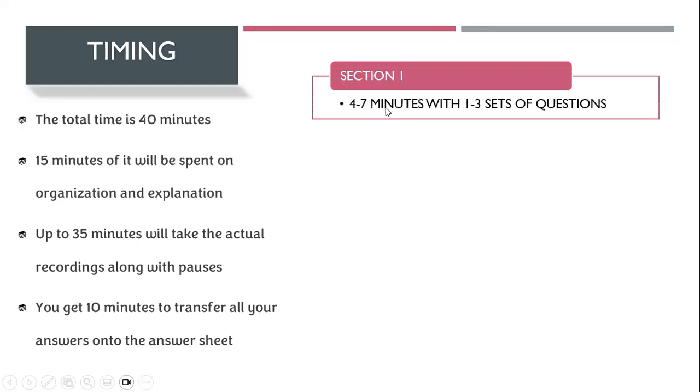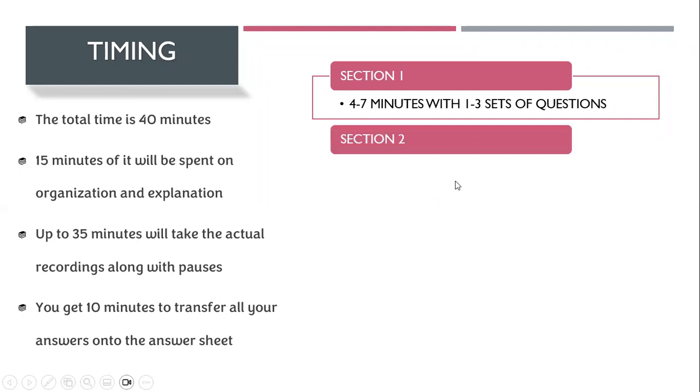Now, the sections are divided as follows. Usually, the first section is going to be 4 to 7 minutes, and it's going to have 3 sets of questions. By 3 sets of questions, I mean 3 groups of questions, which means sometimes, for example, you're going to have questions 1, 2, 3, 4, 5 the same, and the questions 6, 7, 8, 9 the same, because the number of the questions here is going to be 40.